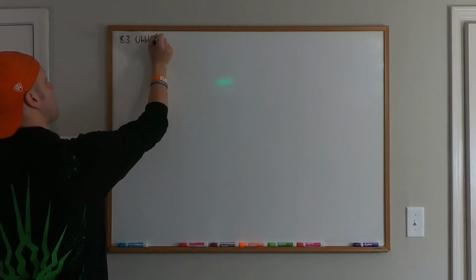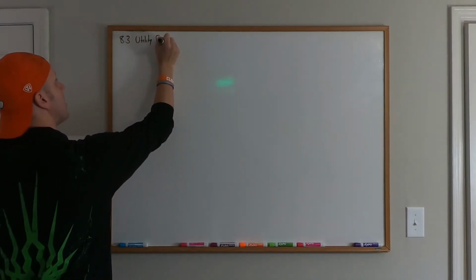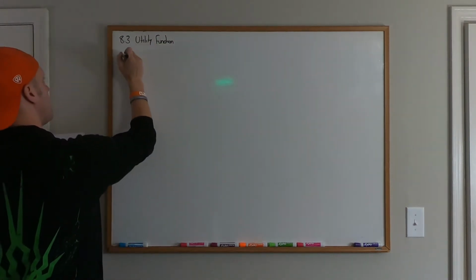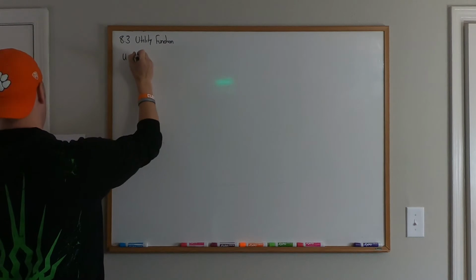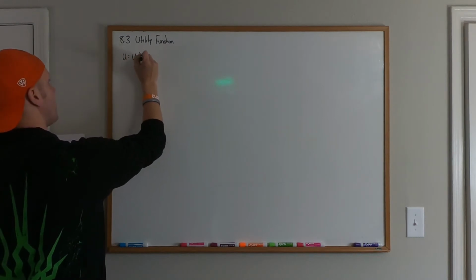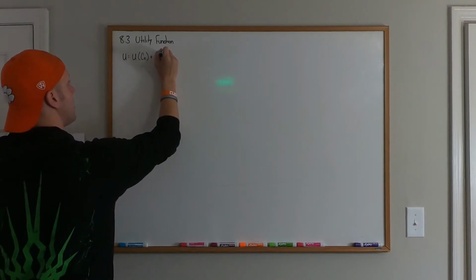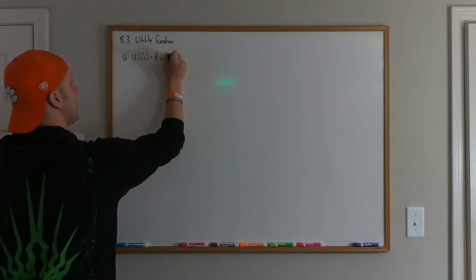Section 8.3, utility function. Again, remember utility in the 2-period model is U of Ct plus beta U of Ct plus 1.